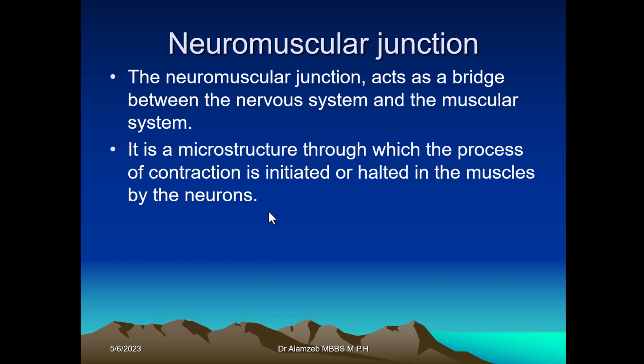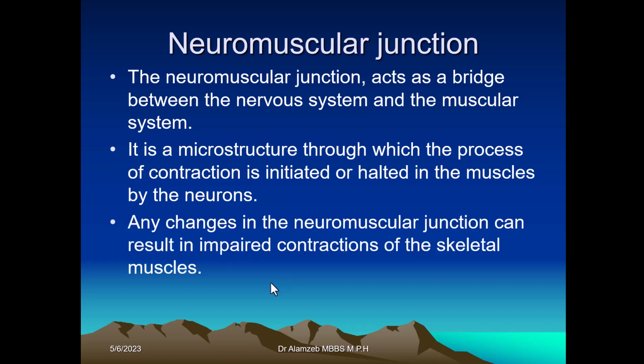It is a microstructure through which the process of contraction is initiated or halted in the muscle by the neuron. At this point, either the muscle is stimulated or inhibited, and this inhibition and stimulation is carried out by the neuron.